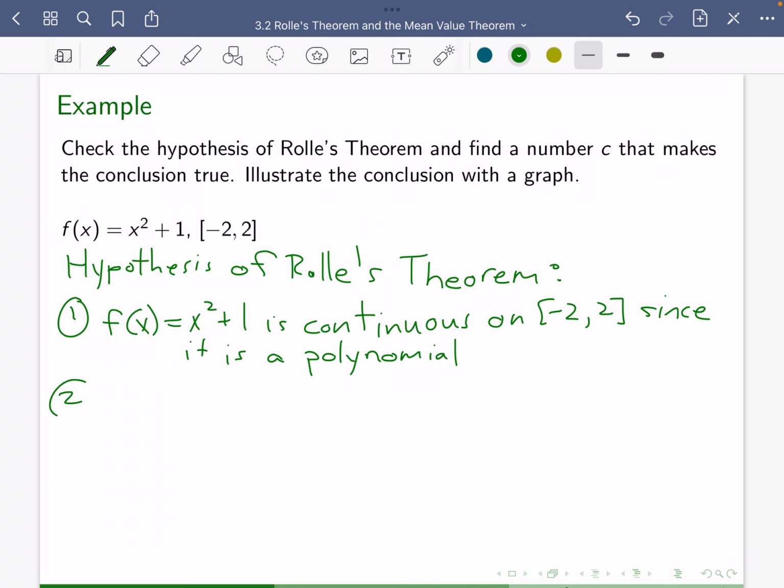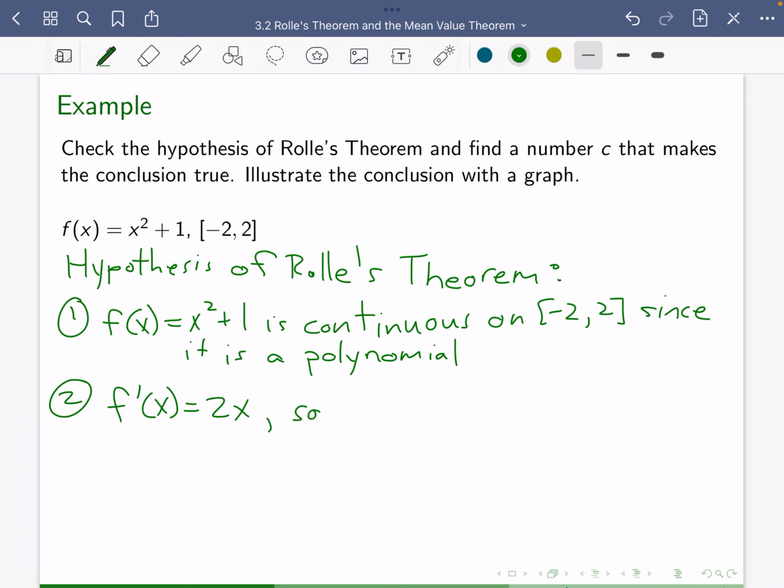The second thing we need to verify or observe is the differentiability. So f prime of x, the derivative, is 2x. That is our derivative.